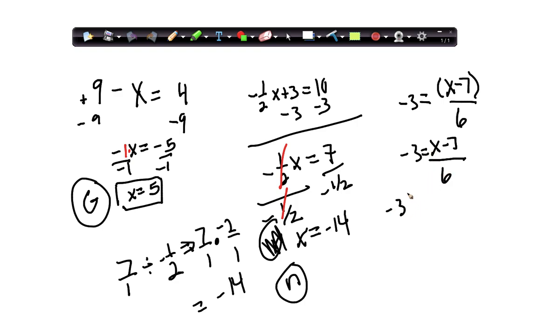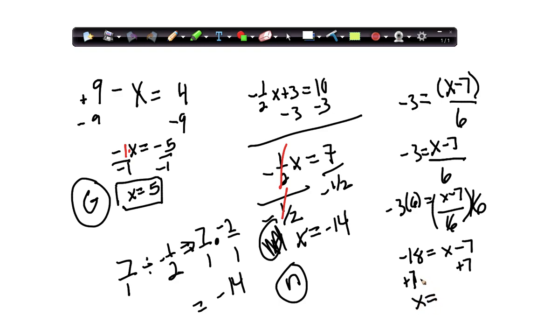So we're going to do negative 3 times 6, and we're going to do x minus 7 divided by 6 times 6. And that cancels that out to a 1. So now we have negative 18 equals a number minus 7. So to undo that, we add 7.